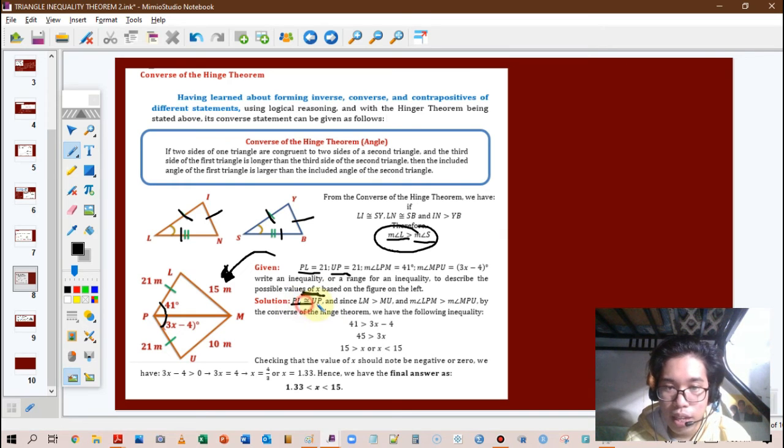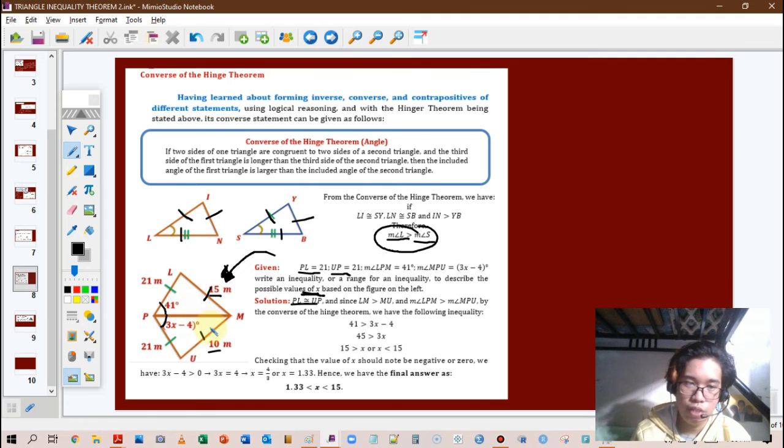Since we know that PL and UP are congruent, and we know that LM is greater than MU, since 15 is greater than 10, therefore the measurement of angle LPM is greater than the measurement of angle MPU, since they are opposite those sides.